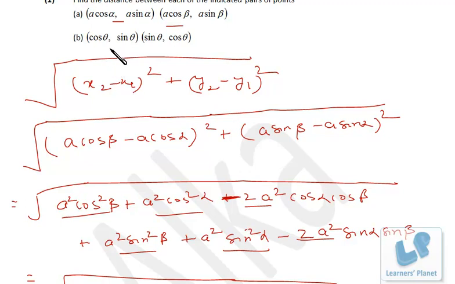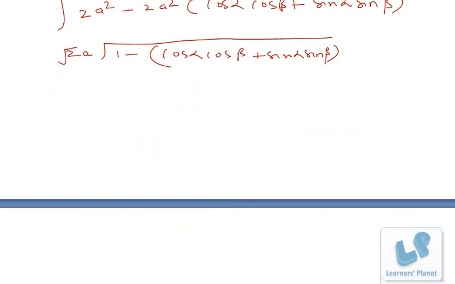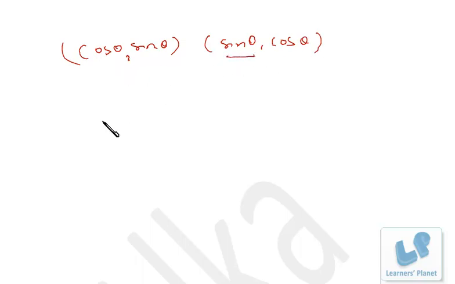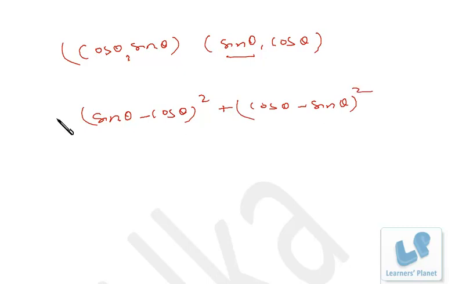Similarly, we can take cos theta sin theta and sin theta cos theta. Let's see. That is cos theta sin theta and sin theta cos theta. So sin theta minus cos theta whole square plus cos theta minus sin theta whole square, right?